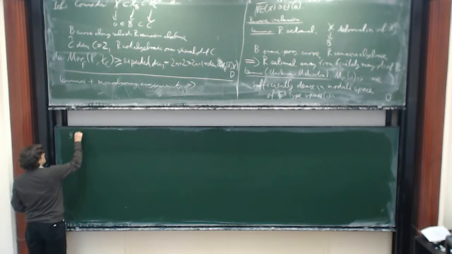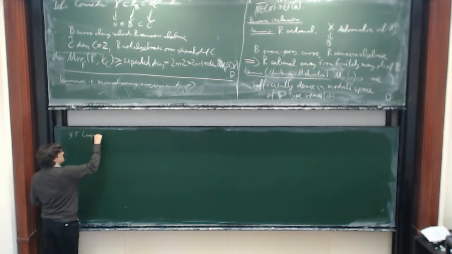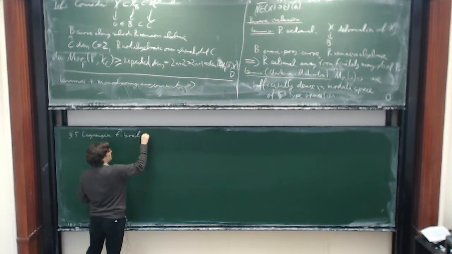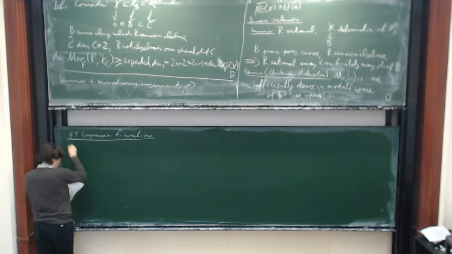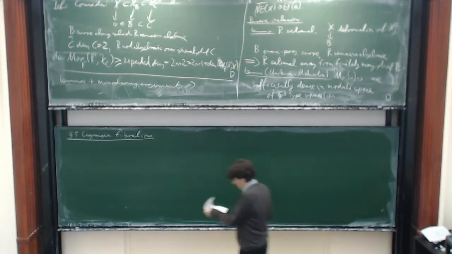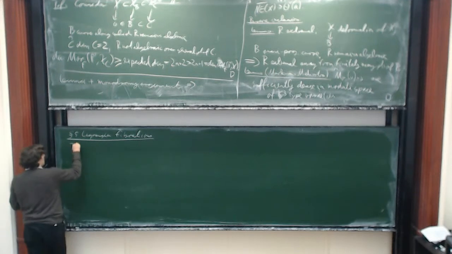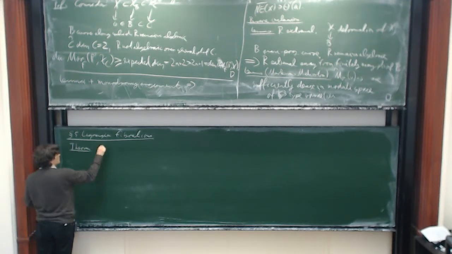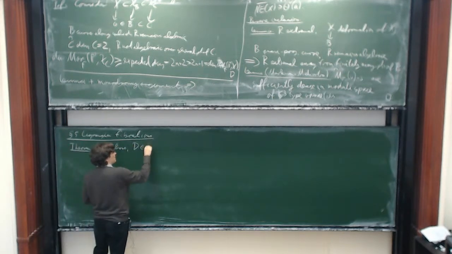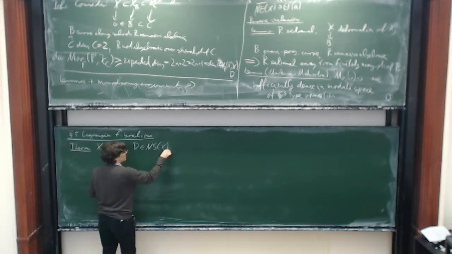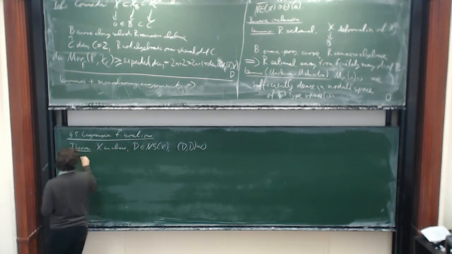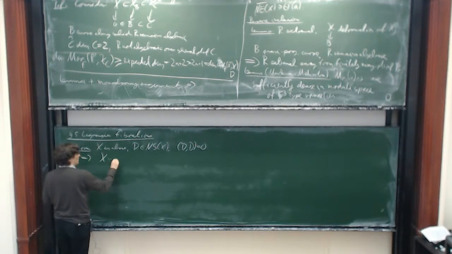But let me also say that basically a similar strategy works for the existence of Lagrangian fibrations. So the statement is that if we have X as above, and let's say we have an integral divisor in the Neron-Severi group of square 0, then X is birational to a Lagrangian fibration.